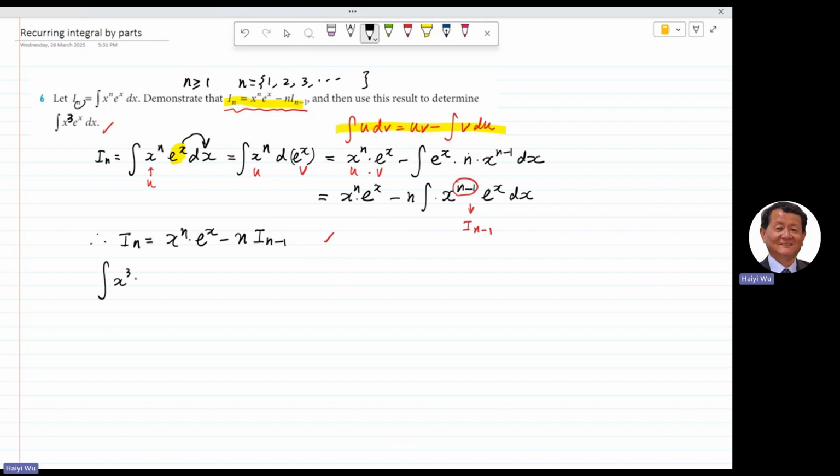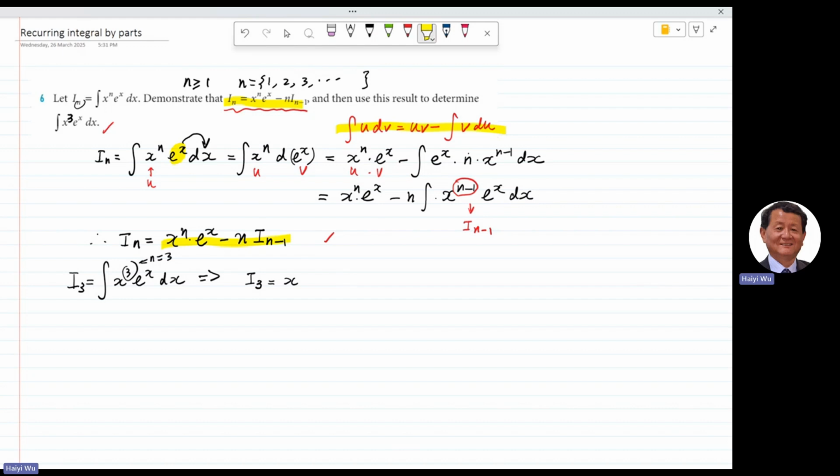So now we're going to use this formula to solve this: x to the power 3 e to the power of x. So this is n is 3. So therefore, I can see this is the I3. So n equal to 3. So that means I3 is, you use the formula we just developed from a recurring.